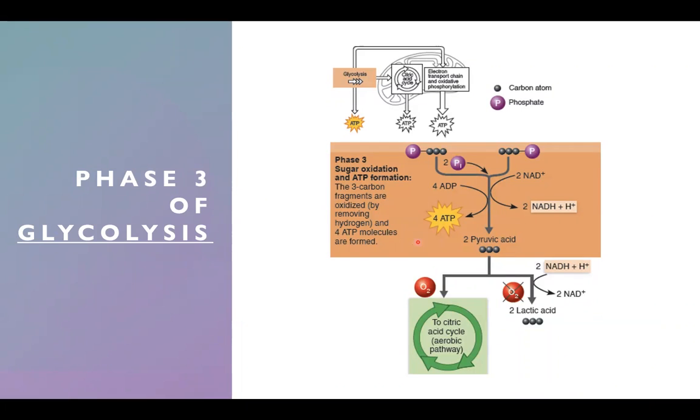So net gain ATP is only 2. What we're doing here is forming 2 pyruvic acids, which will go on and enter our second step of cellular respiration, the citric acid cycle. This is in the presence of oxygen.